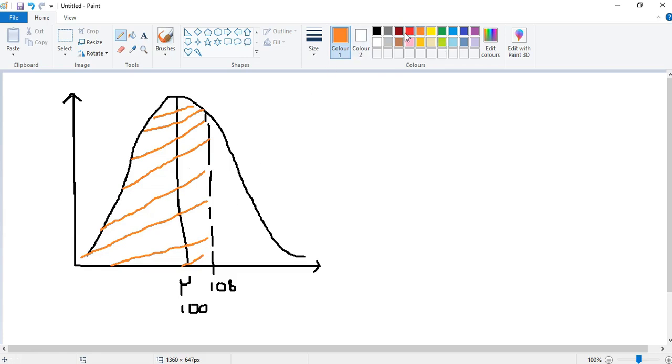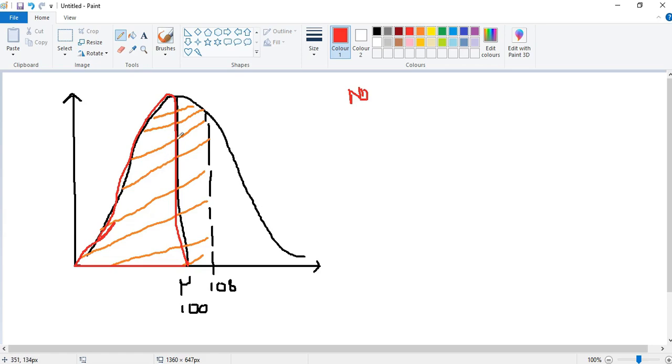Firstly, we consider everything on this side. Everything on this side is what percentage? I told you this is symmetrical. Normal distributions, whether the standard normal distribution or any normal distribution, no matter what, are all symmetrical curves.